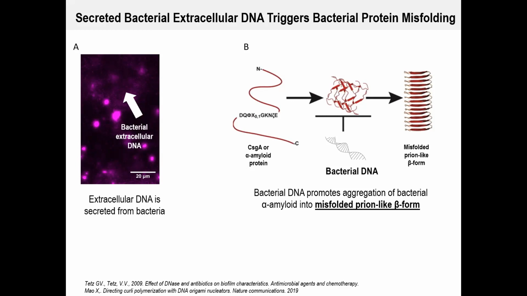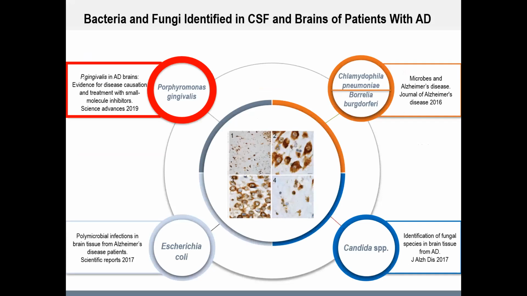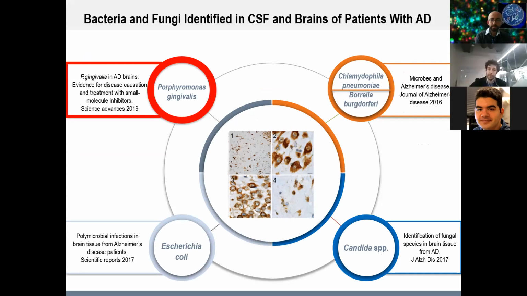And now let me switch gears for a moment and discuss the brain microbiome. I know it might sound surprising, since the brain has historically been considered a sterile environment. However, recent data suggest that there are multiple different types of bacteria and even fungi in the brain tissue of patients with Alzheimer's disease.